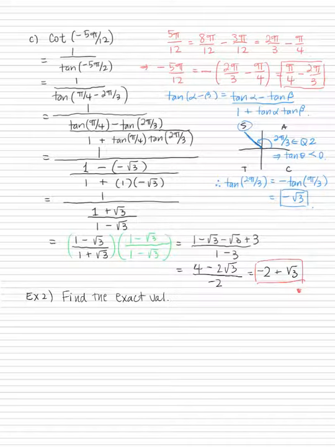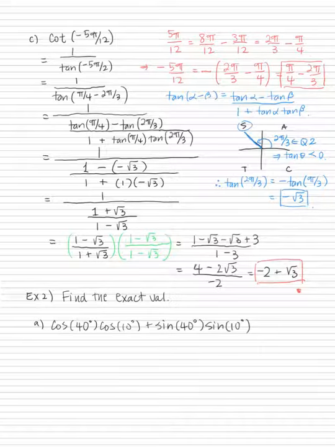Let's go with part A. How about cosine of 40 degrees, cosine of 10 degrees, plus sine of 40 degrees times sine of 10 degrees. Now we have cosine, cosine plus sine, sine.